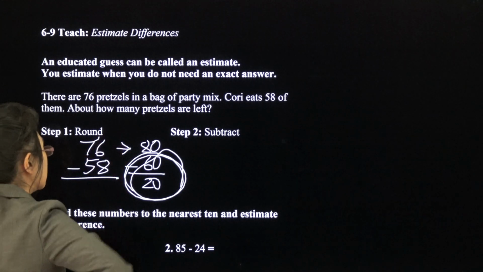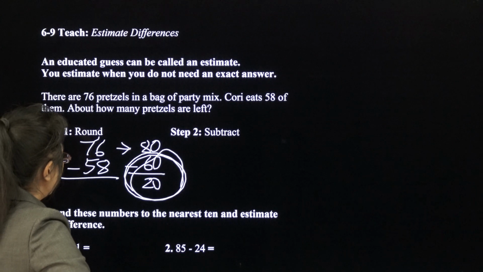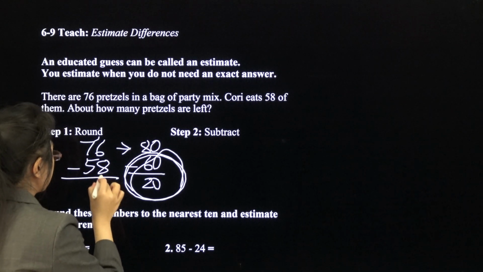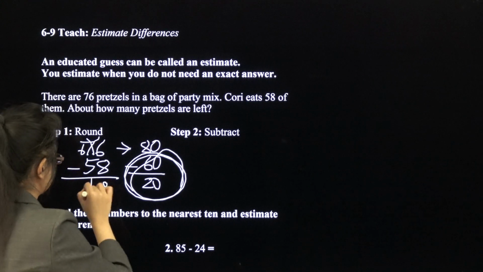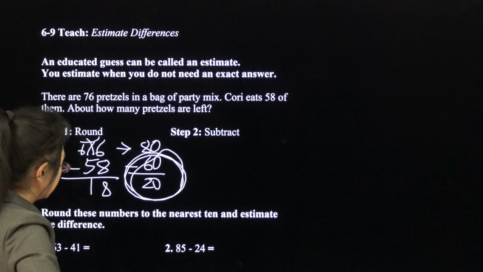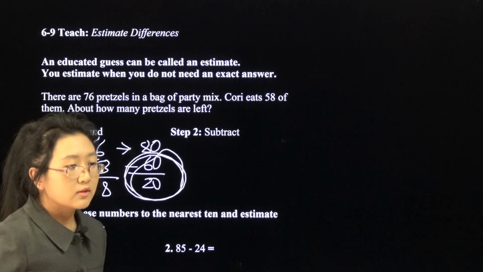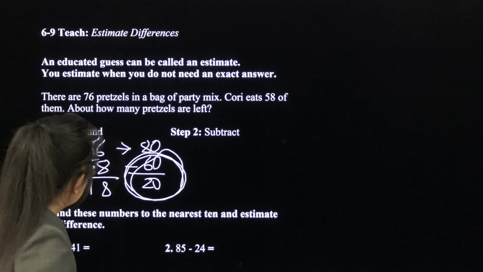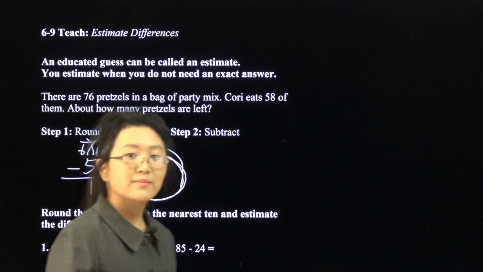You have to do some good old regrouping. And 16 minus 8 is 8. 7 becomes 6. 6 minus 5 is 1. And that's 18. So 18 ends in 8, you round up to 20. Oh, it's pretty close. It's a pretty good estimate.